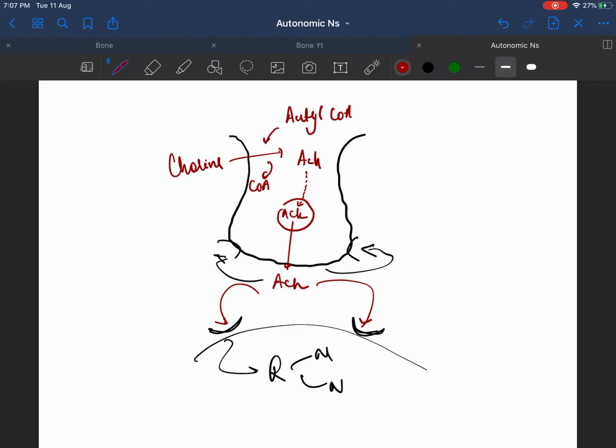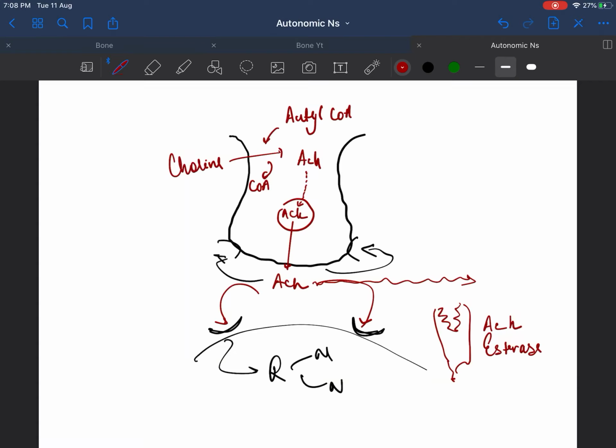Now what happens to ACH afterwards? It cannot keep on working forever, so it is actually metabolized. It is metabolized by what? By cholinesterases, acetylcholine esterase.